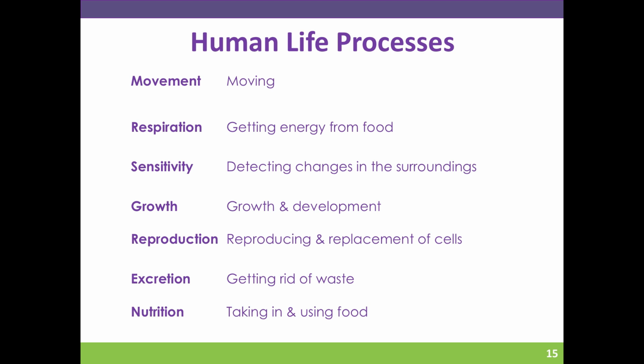The fourth is growth. This includes growth and development. The fifth is reproduction. This includes reproducing and the replacements of cells. The sixth is excretion. This includes getting rid of waste from the body in the form of urine and feces. And the seventh is nutrition, taking in and using the food that we eat in a good manner.